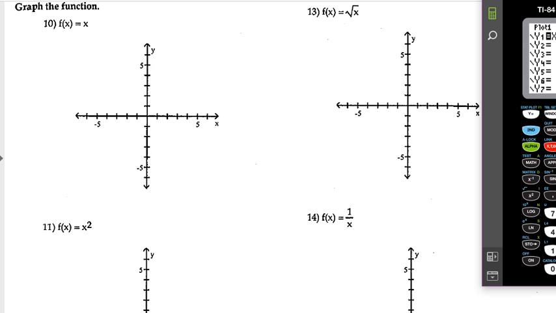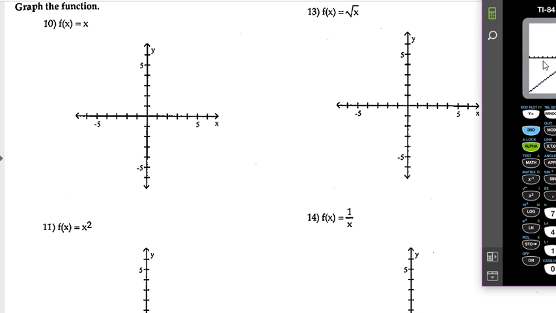So what I do as a teacher to make sure that people understand what their windows are set up as is I tell everybody to go zoom number 6. So zoom 6. And what zoom 6 does, that gives you a standard window.